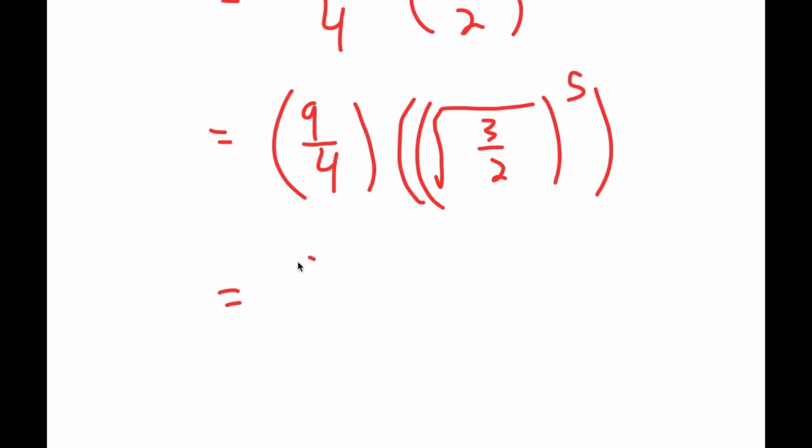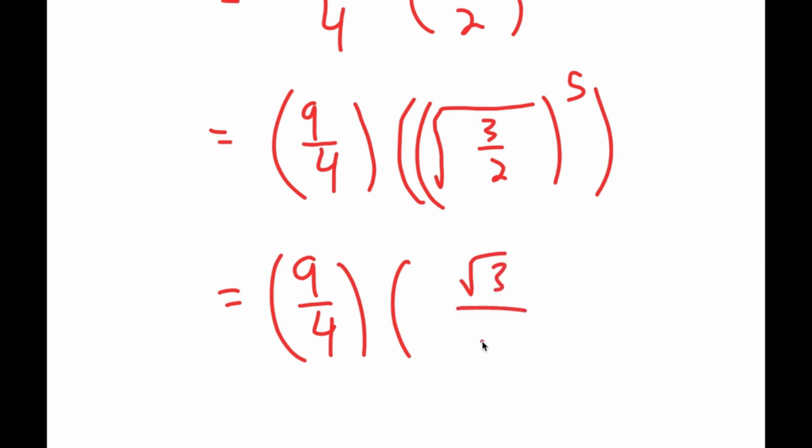And this turns into 9/4 times the square root of 3 over the square root of 2, and the square root of 3 put to the power of 5, the square root of 2 I can put to the power of 5.